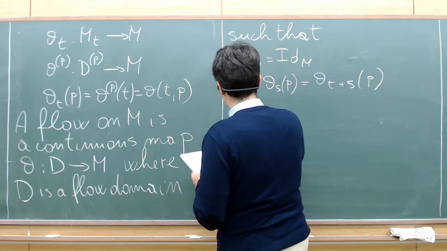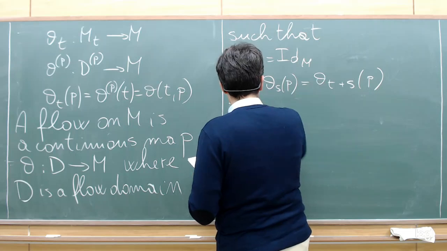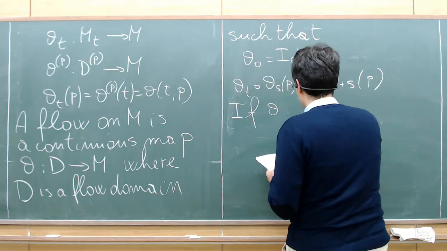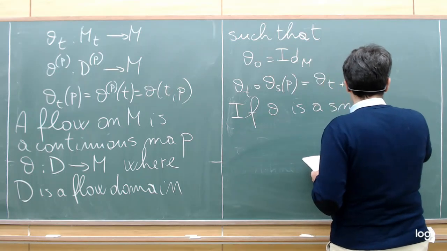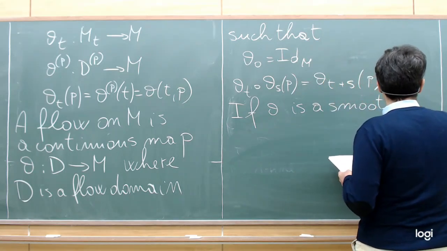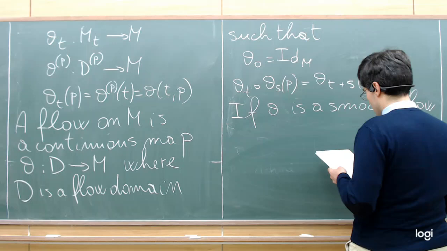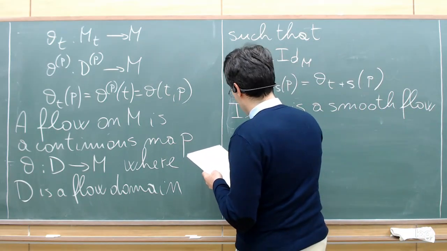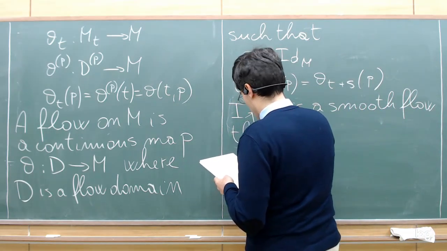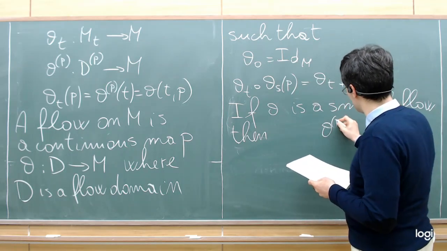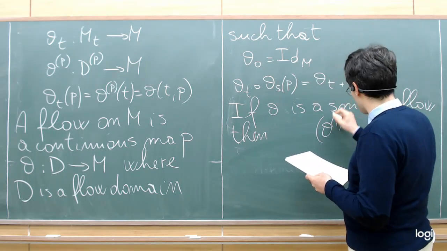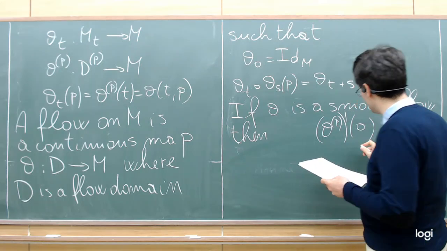So if theta is a smooth flow, then we can compute theta^(p) prime at 0.